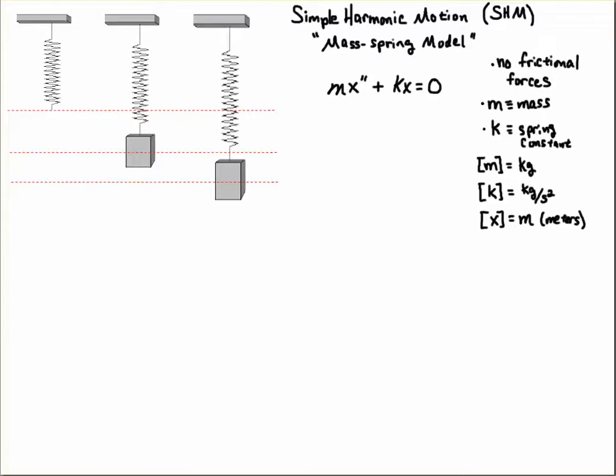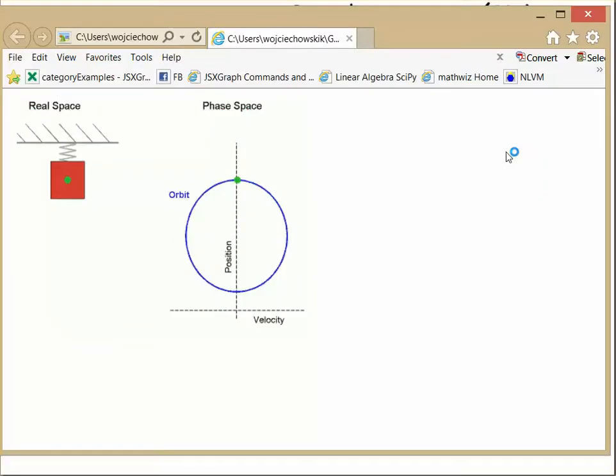Before I delve into the derivation of this ordinary differential equation and all the units, let me show you a little animation to give you a feel for this system. Here's our wall, or ceiling, and here's the mass on the spring, oscillating up and down.